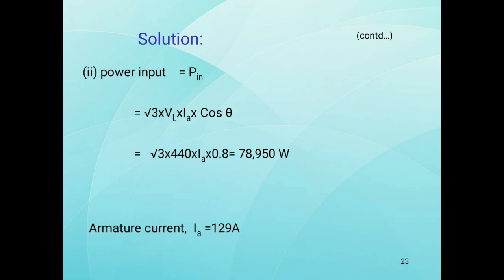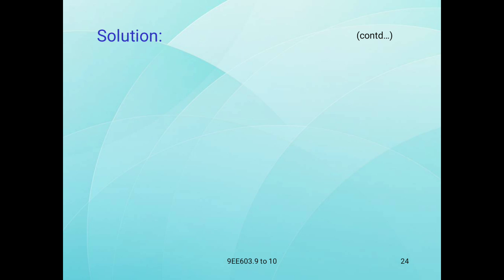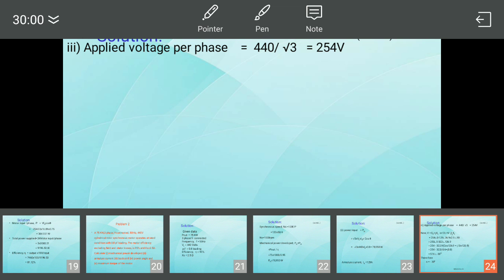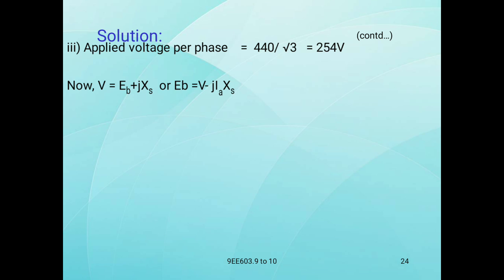So armature current Ia is equal to 129 amps. Now the applied voltage per phase, that is 440 by root 3, is nothing but 254 volts, that is the phase voltage.